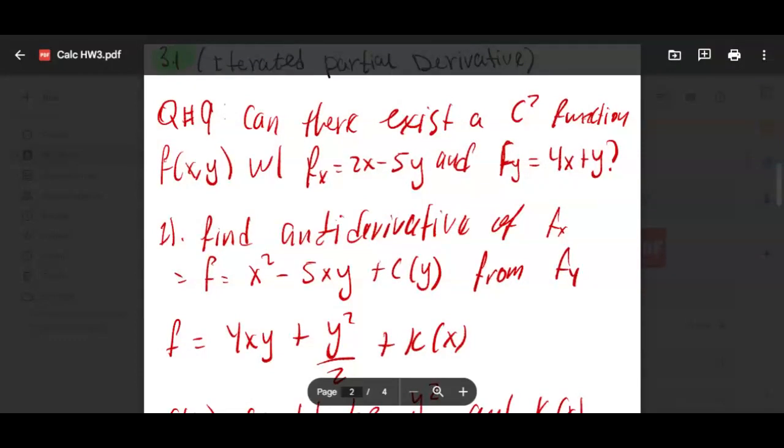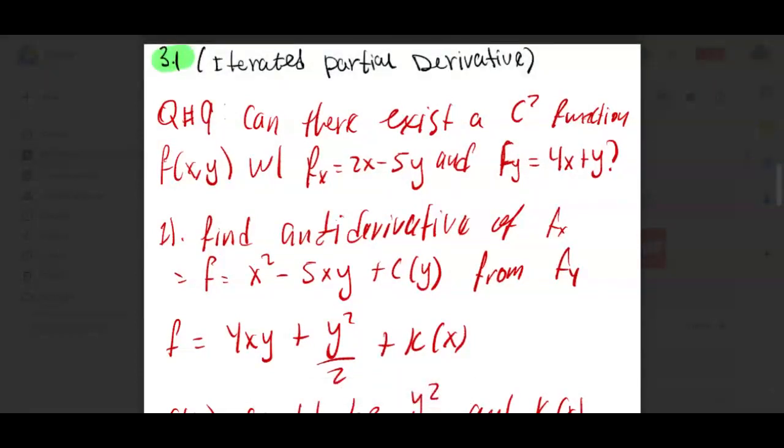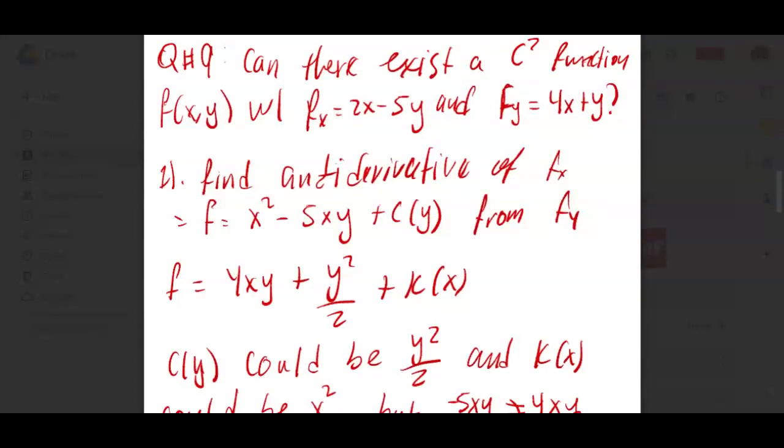So I started by finding the antiderivative with respect to x for the first function. I ended up with x squared minus 5x times y plus c.